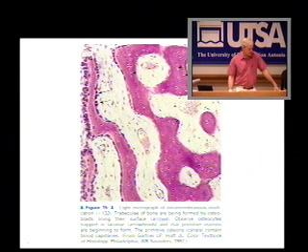And then the cells that are lining these trabeculae, as they're called, the primitive, where did it go? Okay, yeah, the trabeculae. So these, lining all these trabeculae will be cells of two types, osteoblasts and osteoclasts.